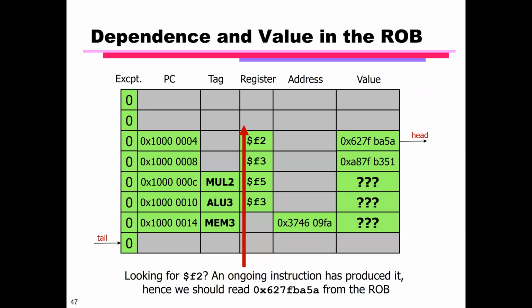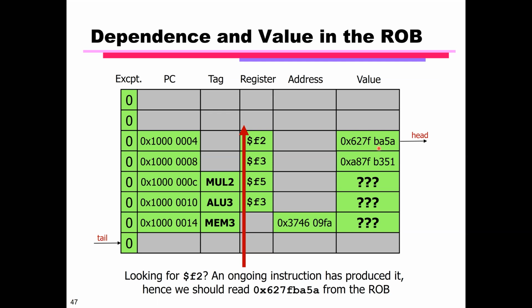If my new instruction that I am going to insert in the tail asks for a register that is somewhere in the reorder buffer, first of all I understand that I do have a dependency, and so I have to honor that dependency. But I can go and see if there is a value already for that instruction inside the reorder buffer.